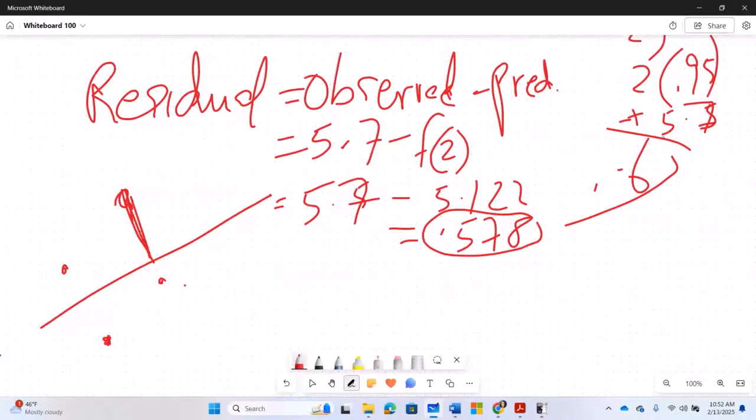If I find the residual for this point, when I calculate, it's going to be negative. Therefore, since the residual is positive here, this point is above the line. When the residual is positive, the point is above the line. When the residual is negative, the point is below the line.